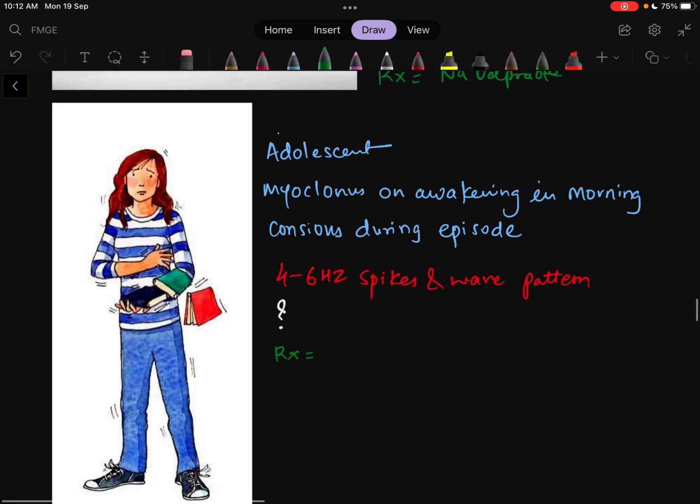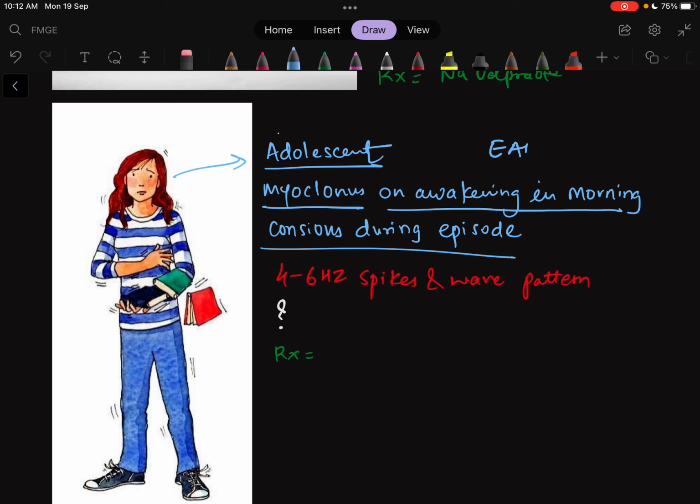Now next scenario is an adolescent with myoclonus on awakening in the morning. Early in the morning when he wakes up, he will fall down. The adolescent is conscious during the episode, and on EEG, 4 to 6 Hz spike and wave pattern is seen.